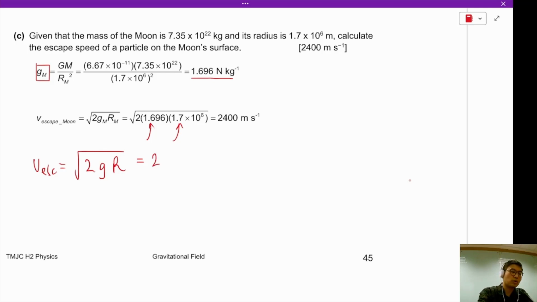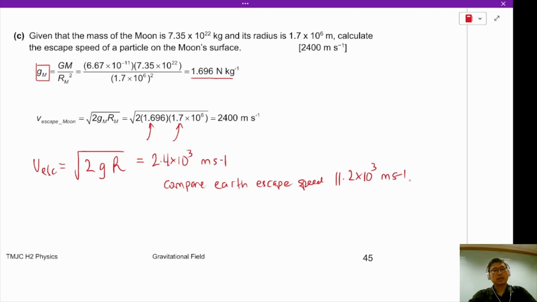So it's 2,400 meters per second. Now notice that you can compare this to the Earth's escape speed, which is much higher. The Earth's escape speed is 11.2 kilometers per second. All right, so that's about 5 times more than the escape speed on the moon.